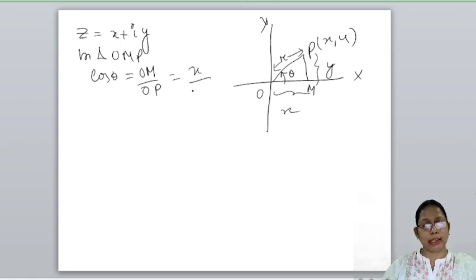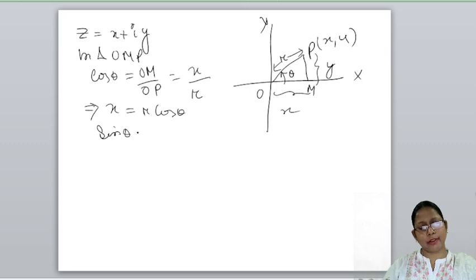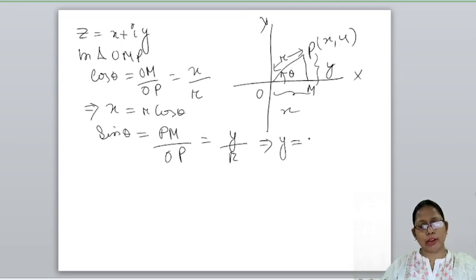This implies x is equal to r cos theta, and sin theta is equal to PM by OP, that is y by r. This implies y is equal to r sin theta.